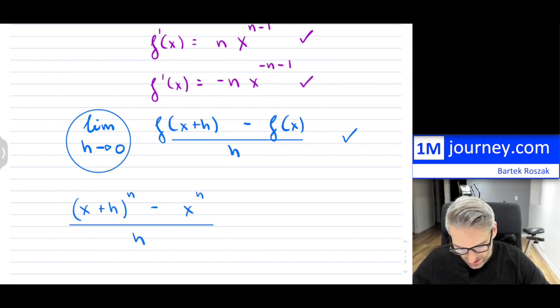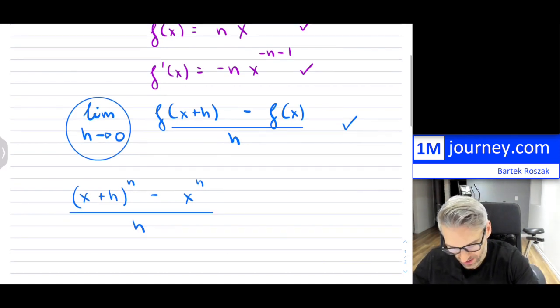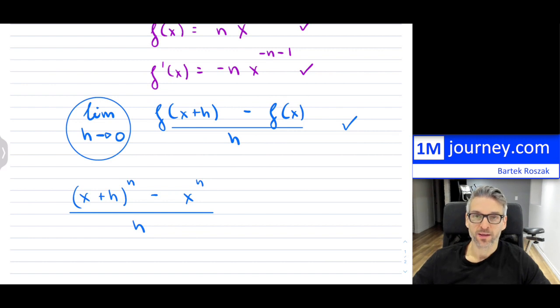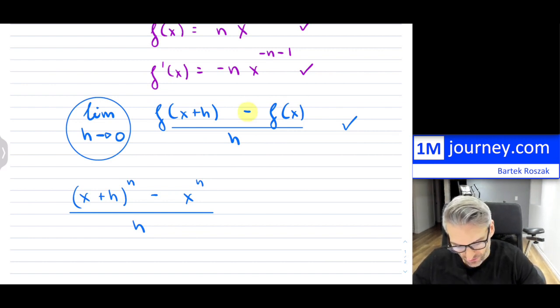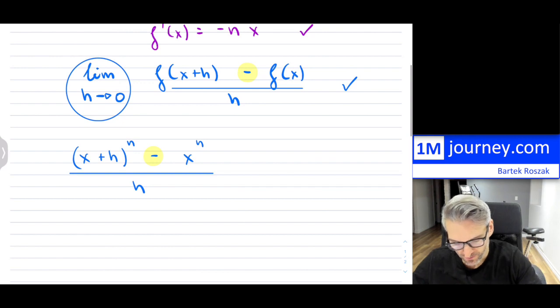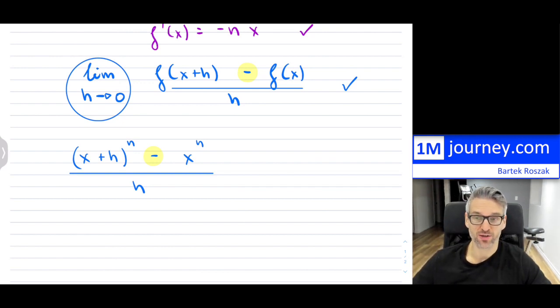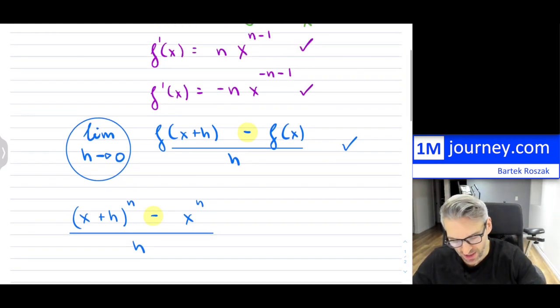Now, the ultimate trick with this is that you notice the limit definition right here is basically a difference. For all of you who may not remember, we can utilize a trick to help us along, because we have to massage this along the way to find the actual derivative.